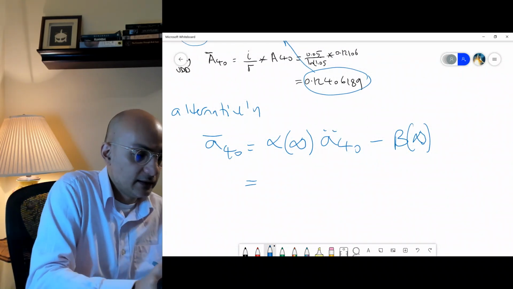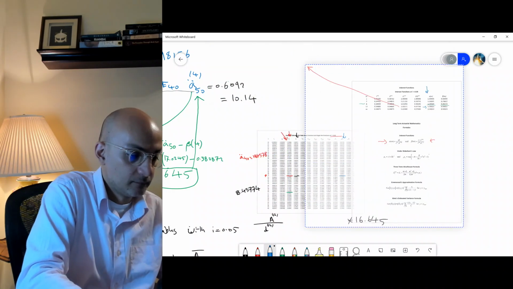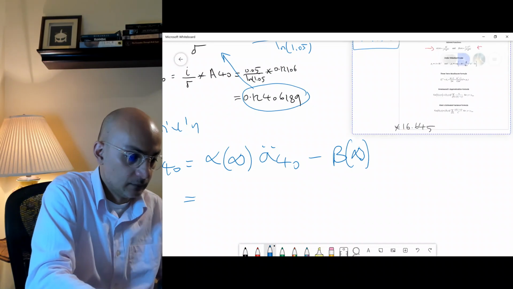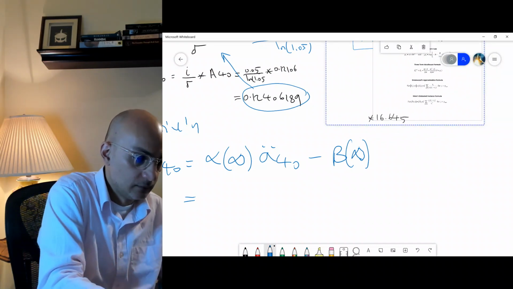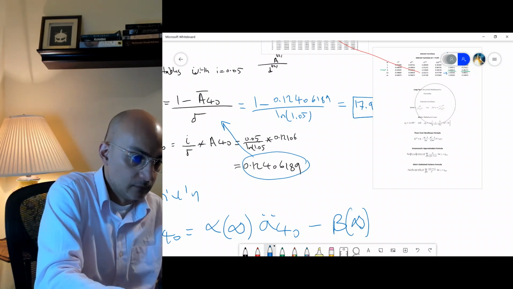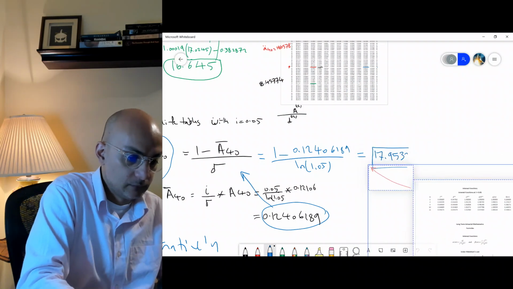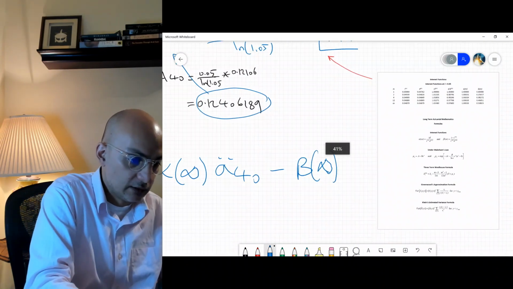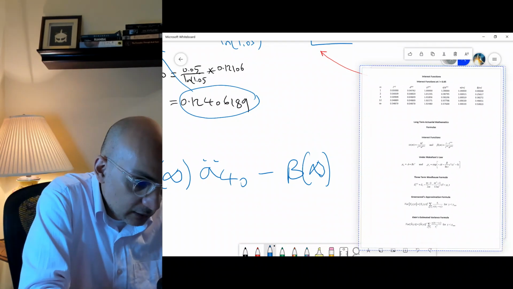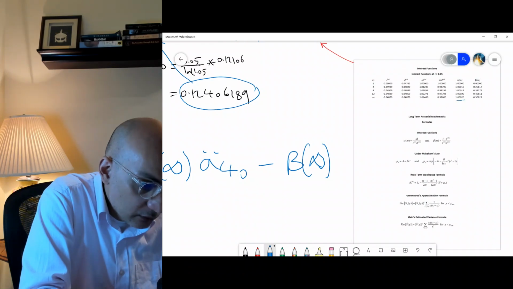And now you look at alpha infinity. Now let's look at it slowly. Now alpha infinity is 1.0002.